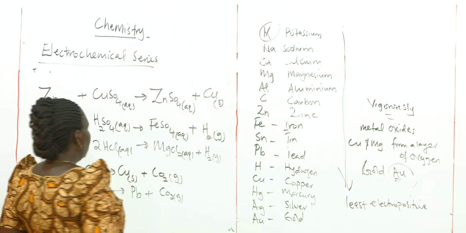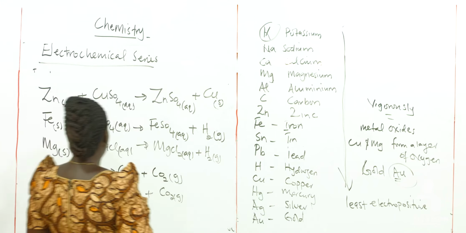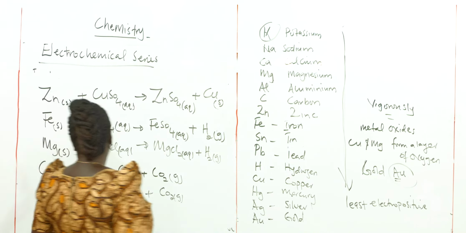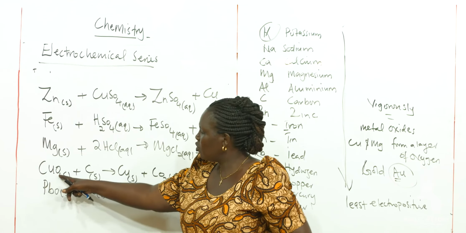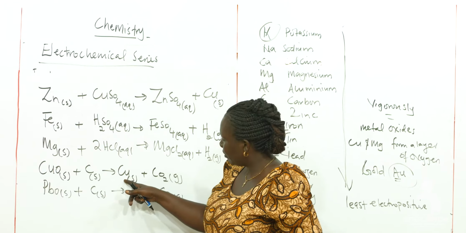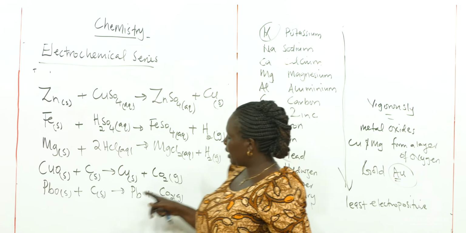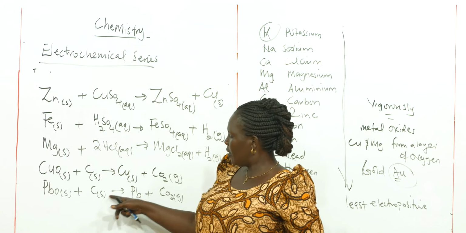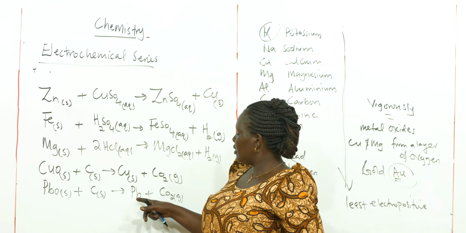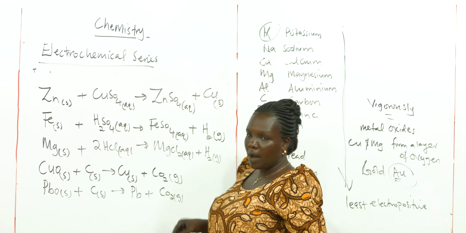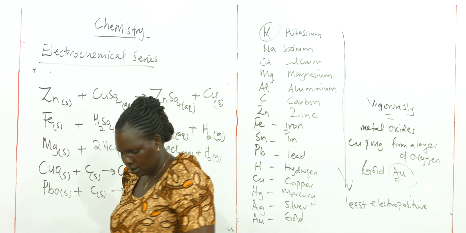So their oxides can be reduced by carbon into metals. Here we have copper 2 oxide plus carbon is reduced to copper metal plus carbon dioxide gas. We have lead oxide plus carbon. Lead oxide is reduced to lead metal plus carbon dioxide gas.